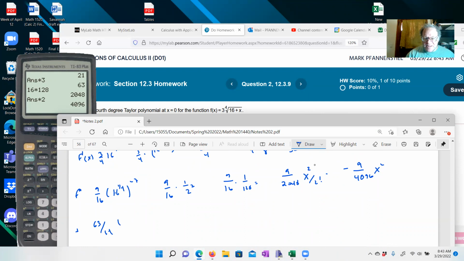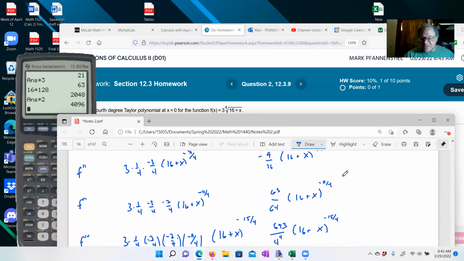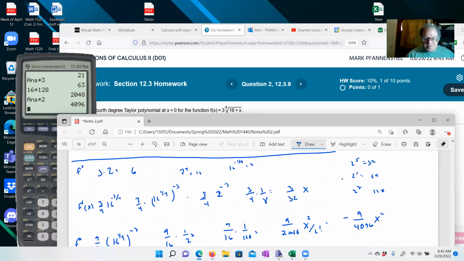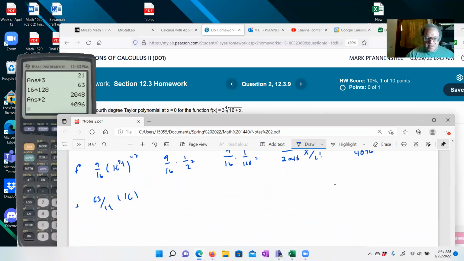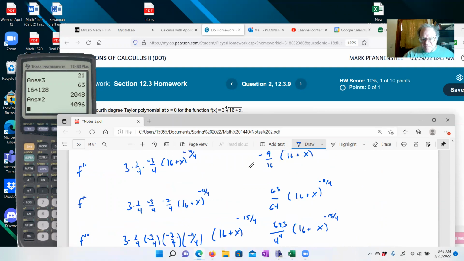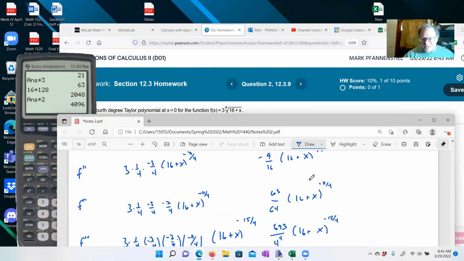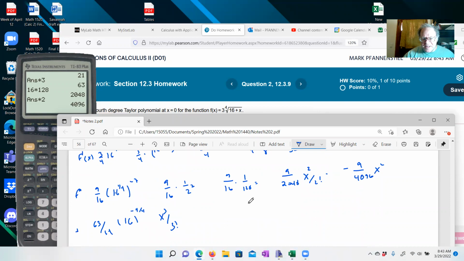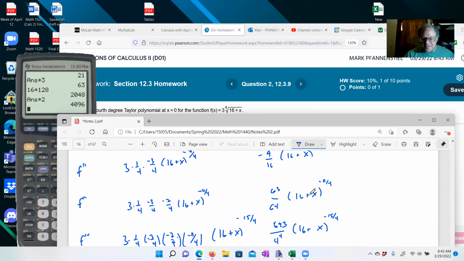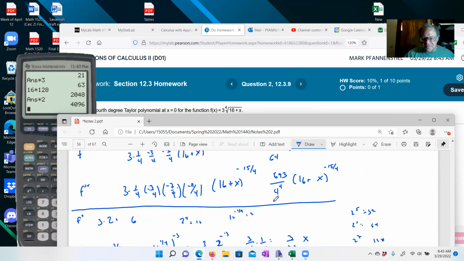All right, and then we have 16 plus 0, which is 16, raised to the -11/4, times x cubed over 3 factorial. I put the factorial in. So that's this one. Two negatives, we made a positive.